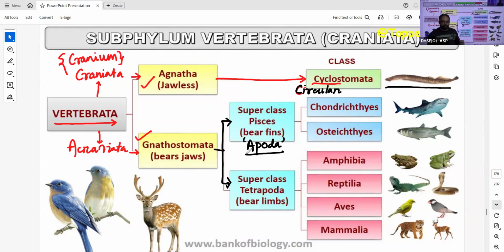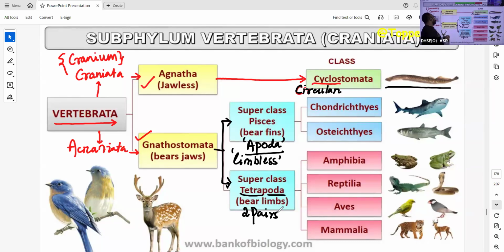Podos माने limbs और आपके hands and legs। तो इनके केस में आपको limbs नहीं मिलते, hence they are put under apoda, that is limbless, ठीक है। Similarly another categorization is tetrapoda। Tetrapoda माने चार limbs थी वो। Tetra implies 4, podos implies limbs, so they bear 4 limbs or two pairs of limbs। Clear?